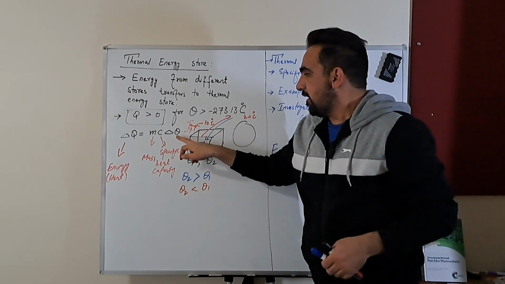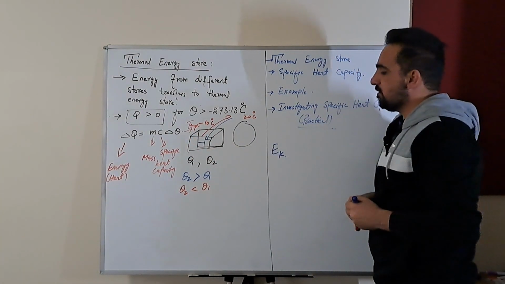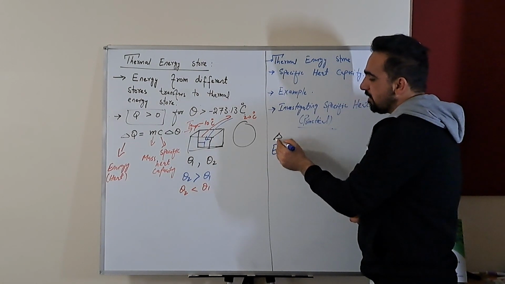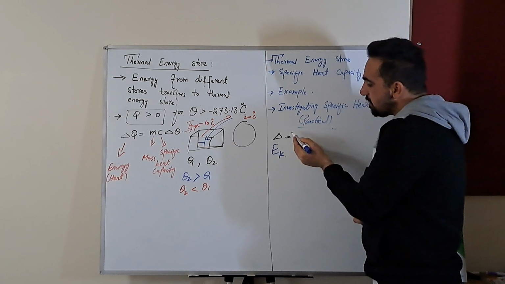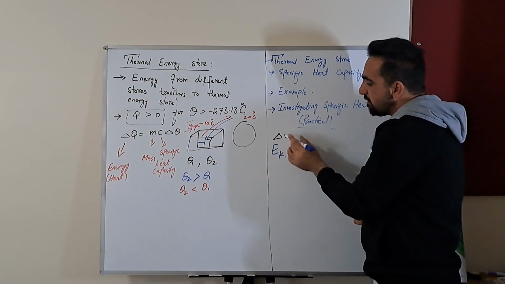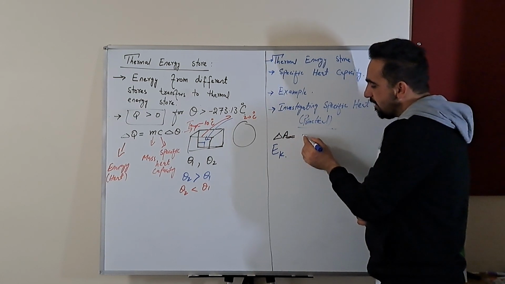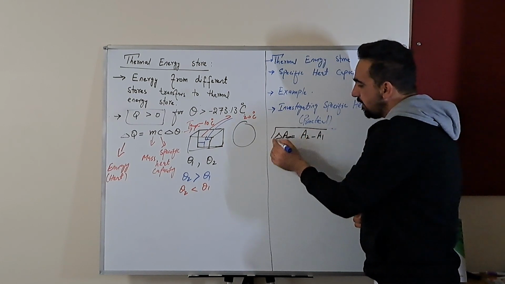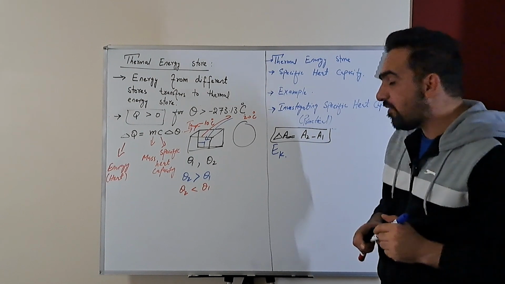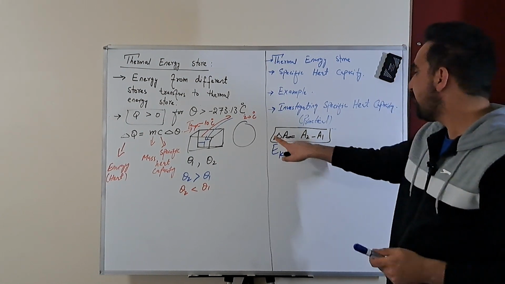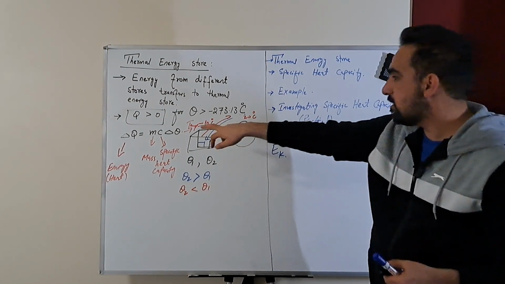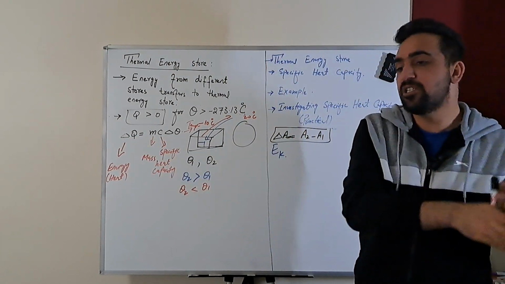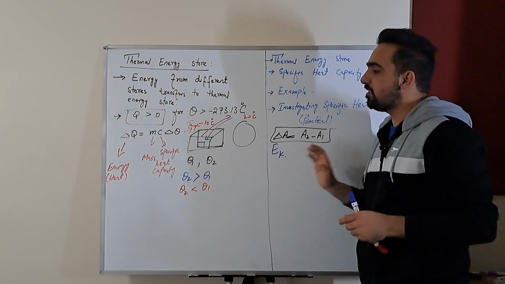For remembering this, whenever you see this Greek letter delta written somewhere, just remember that whatever the quantity is, let's say A is a quantity here, it is saying A final minus A initial. It is telling us about the difference between the two values. So whenever you see the Greek letter delta, it means that you need to subtract the initial value from the final value.